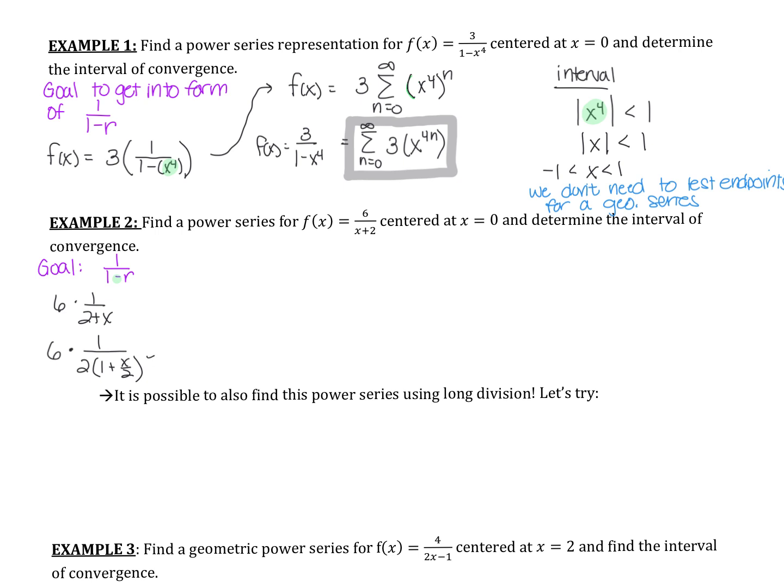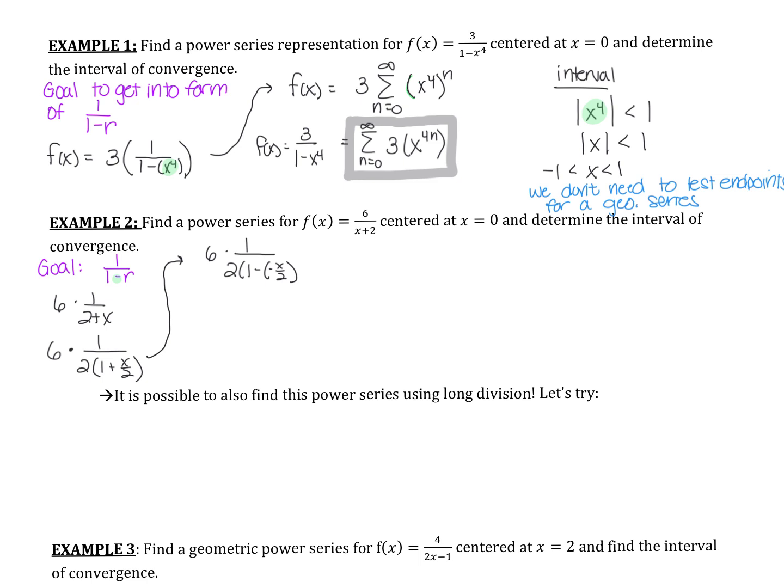So one more step that I'm going to have to take for this is I'm going to write this as 6 times 1 over 2 times 1 minus negative x over 2. Okay, a little bit silly to do that, but it's going to put it into the correct form.